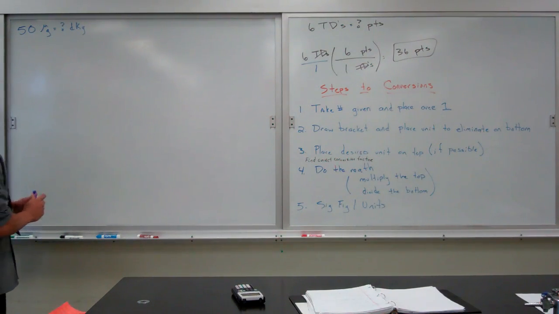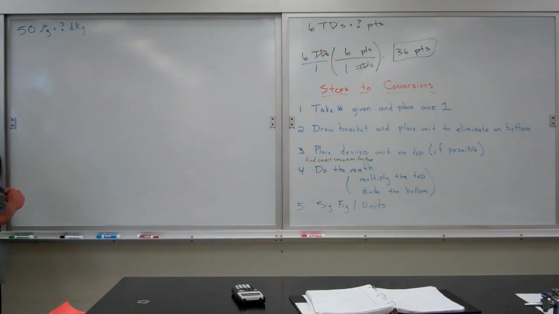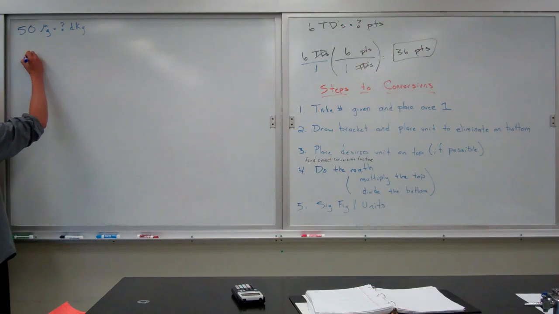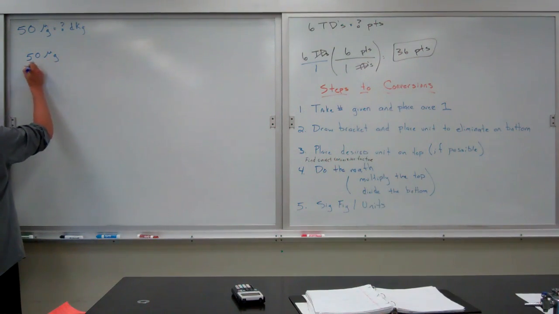So, if we're going to convert micrograms into decagrams, first thing we'll do is take the number given and place it over 1. That means we'll take 50 micrograms over 1.